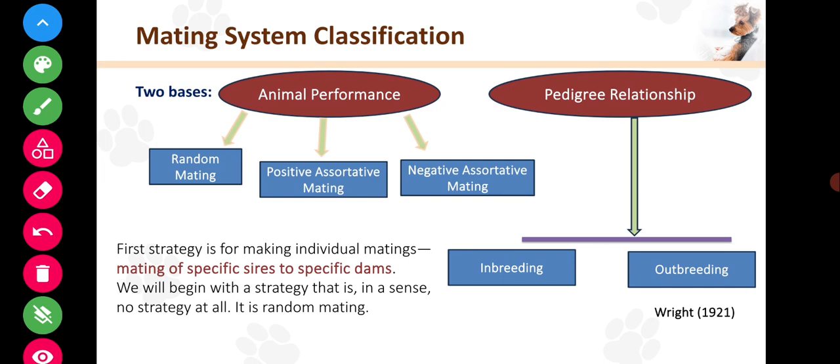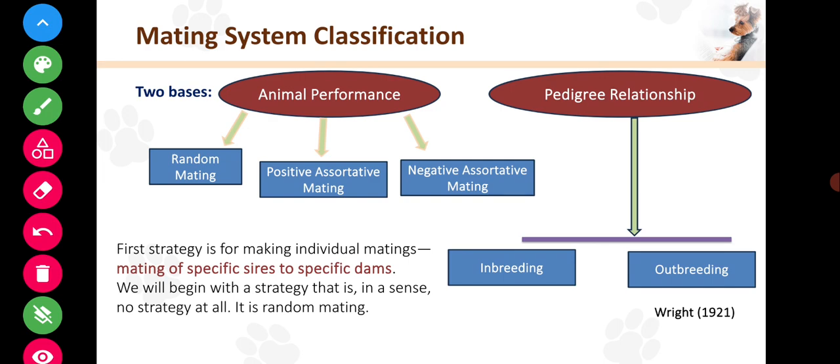Animal performance means the phenotypic relationship between the individuals, whereas pedigree relationship is based on genetic relationship, because the members of the same pedigree share some part of the common genetic composition.